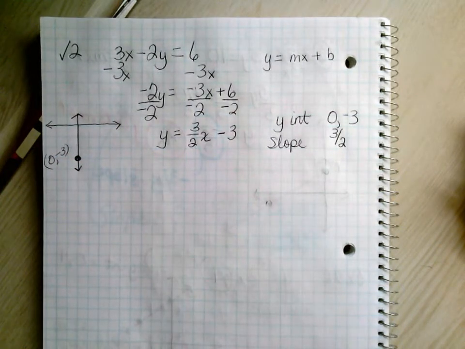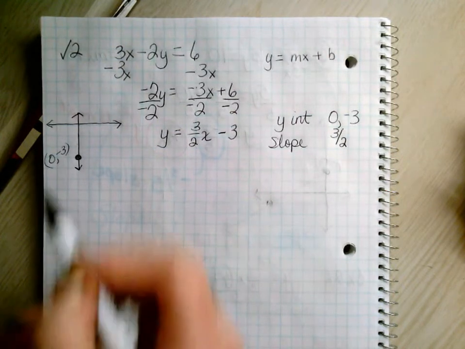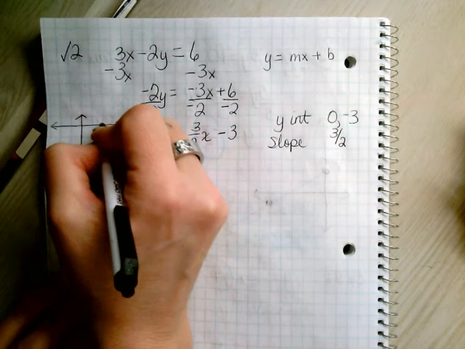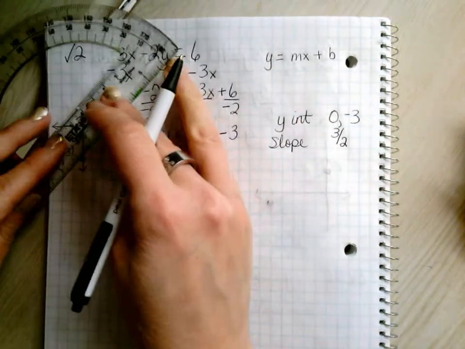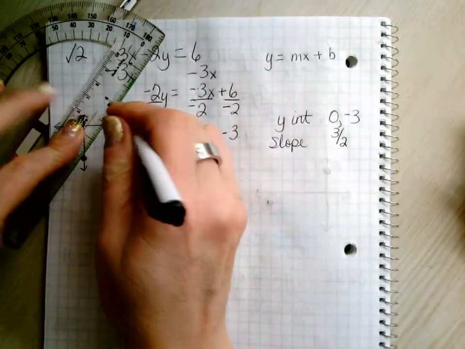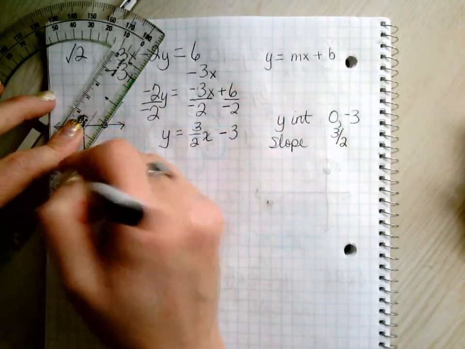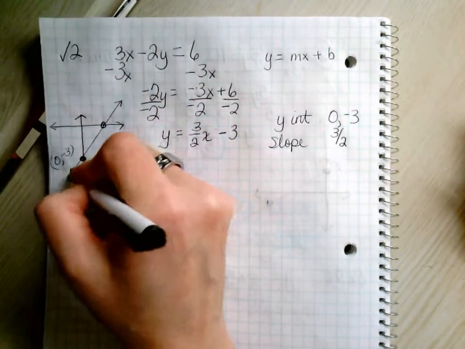Which way do I go? Up or down 3? Up 3 and always right. 1, 2, 3, 1, 2. There's your other point. Connect them. Do you notice if you just repeat and do it over and over, it starts to feel less obnoxious.